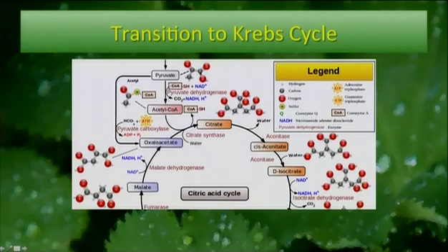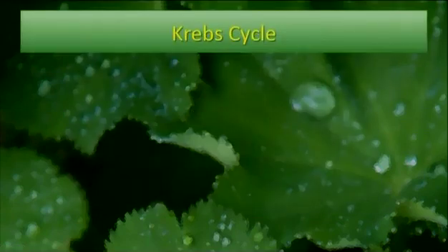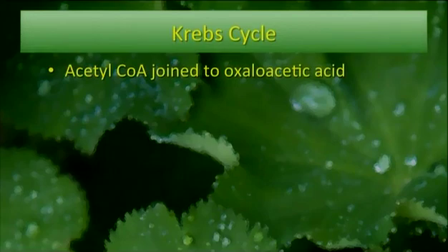So you have the pyruvate giving off a carbon dioxide and joining coenzyme A to form acetyl coenzyme A. Then the acetyl coenzyme A is joined to oxaloacetic acid, or oxaloacetate, producing citric acid.